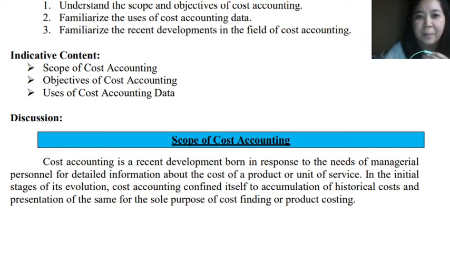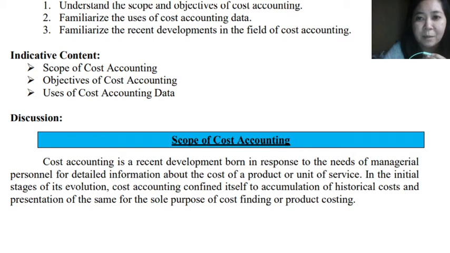This field specifically addresses the needs of our managers and top management, because these management levels need detailed information about cost, specifically the cost of the production of a good or the rendering of a service.